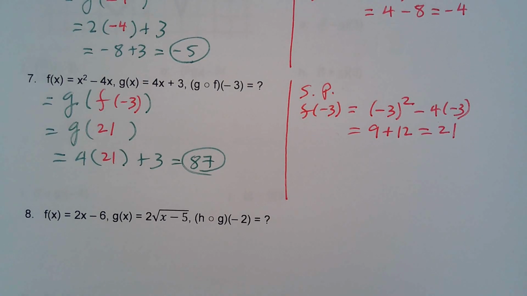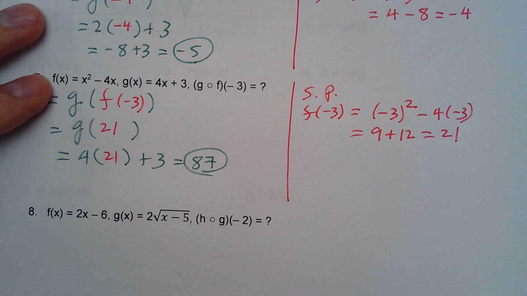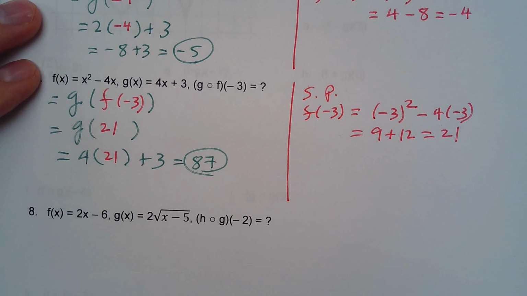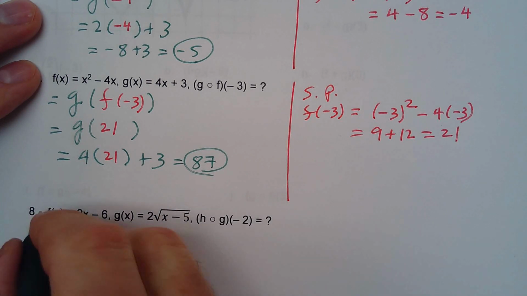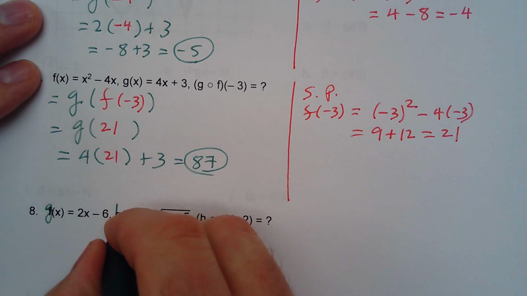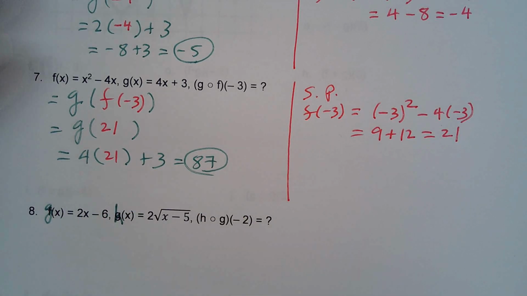And let's take a look at number 8. So again, doing composition. There's a typo here. Tell you what, let's go ahead and correct this. This should be G, and that should be H. Let's get them in alphabetical order.